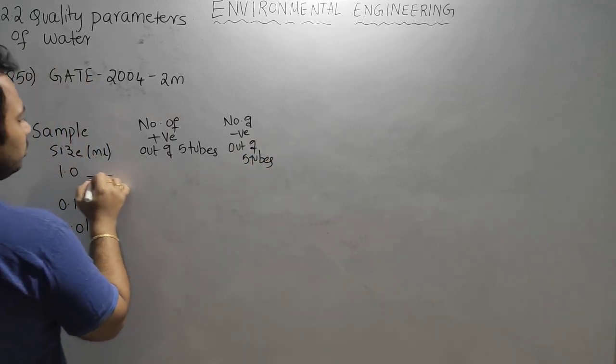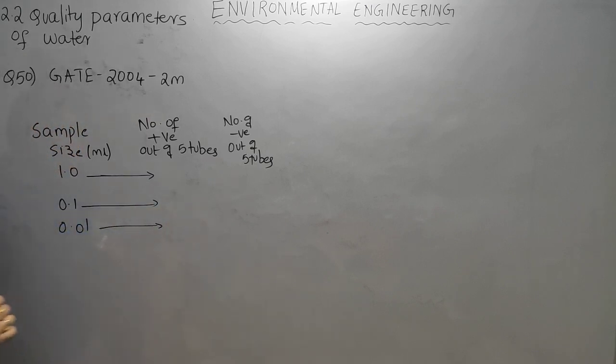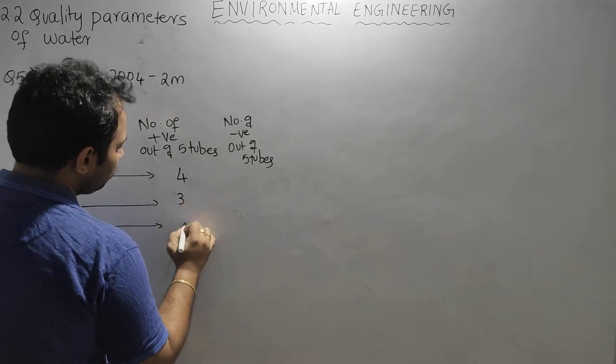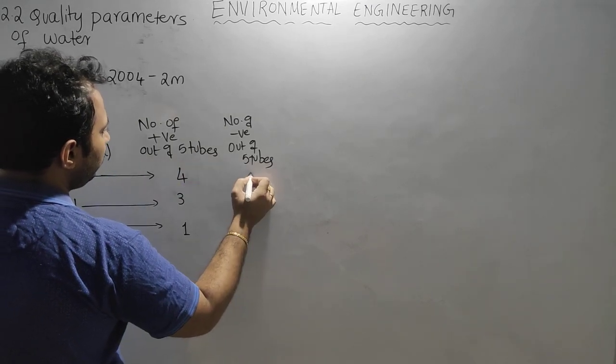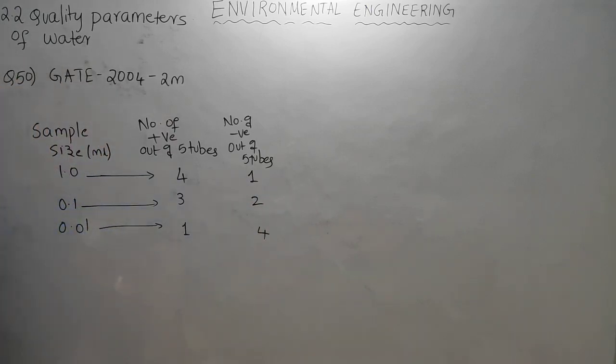So it is 4, 3, 1. Obviously if there are 4 positives, there will be 1 negative; 3 positives, 2 negatives; 1 positive, 4 negatives. So these are the negative tubes.